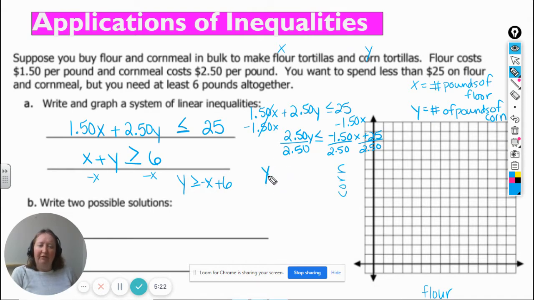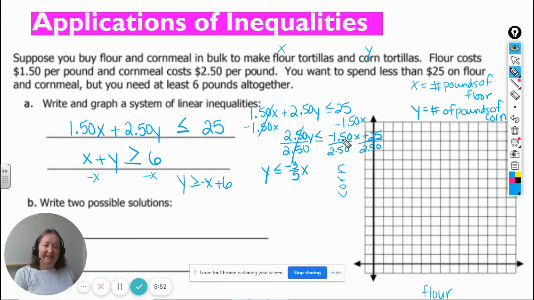So now I know in my second inequality, I think I was going to use a different color. I think I forgot. So y, the symbol, and I'm just going to grab a calculator to do that part. It's actually negative 1.5 divided by 2.5, and that gives me 0.6, which is, let's do math frac and turn that into a fraction. Okay, 3 over 5, and it's negative x.